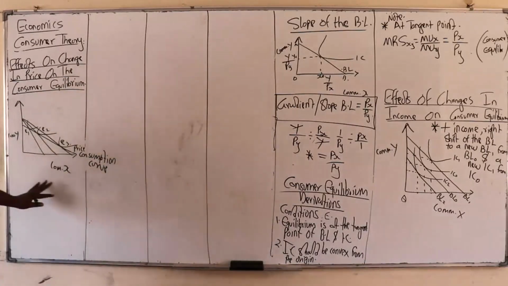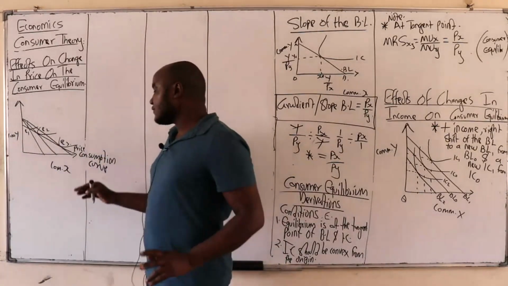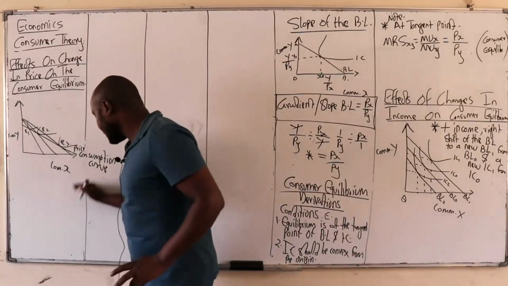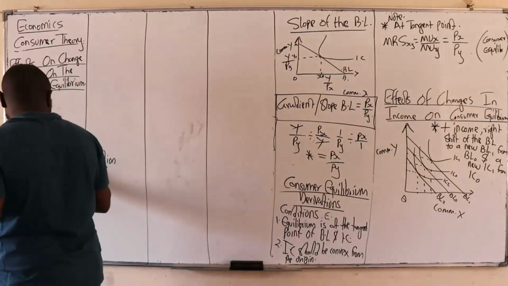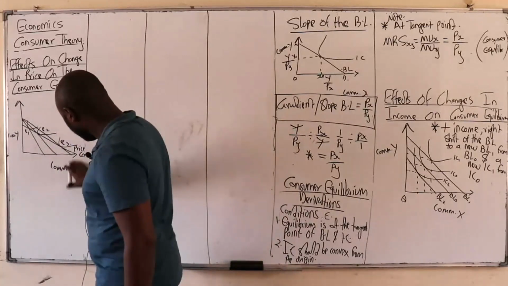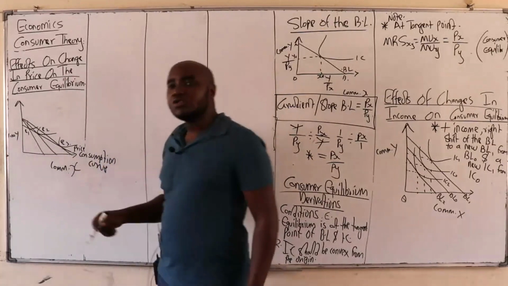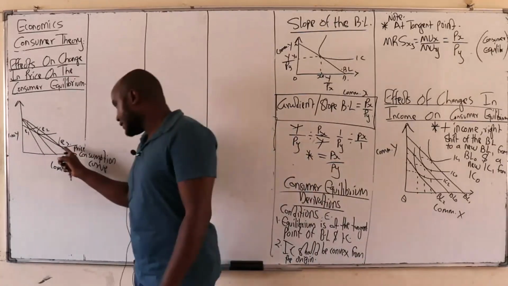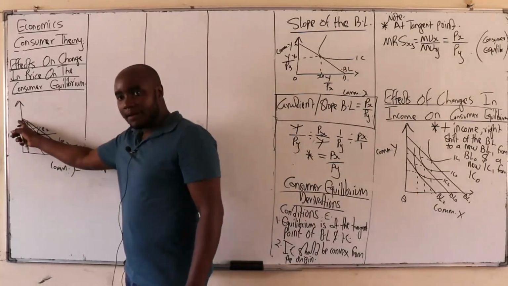So assuming now the price of commodity X reduces, people will tend to consume more of X at the expense of Y. Is it?